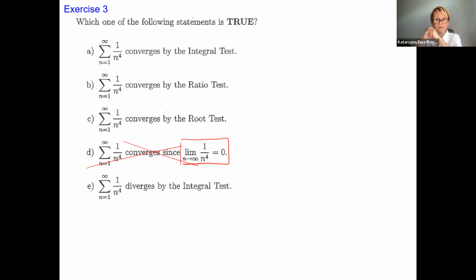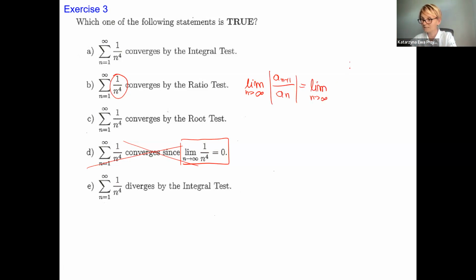Also B is wrong, if we have experience with ratio tests. Let's maybe really quickly, this will be short, see that this is just polynomials, just one kind of function. The ratio test tells us that we have to compute a sub n plus 1 over a sub n.